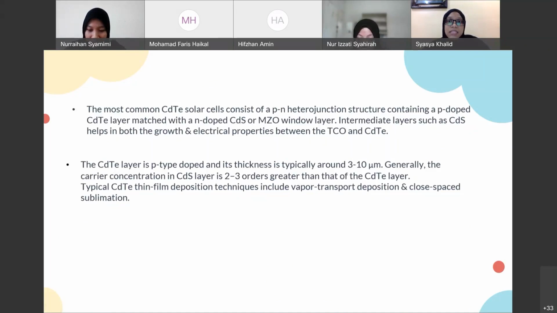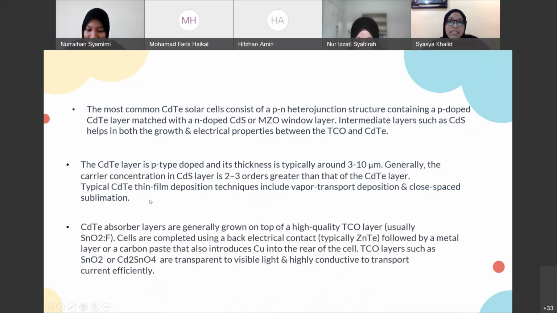The cadmium telluride layer is p-type doped and its thickness is typically around 3 to 10 micrometers, or about a tenth of the diameter of a human hair. Generally, the carrier concentration in the cadmium sulfide layer is 2 to 3 orders greater than that of the cadmium telluride layer. Typical cadmium telluride thin film deposition techniques include vapor transport deposition and closed space sublimation.